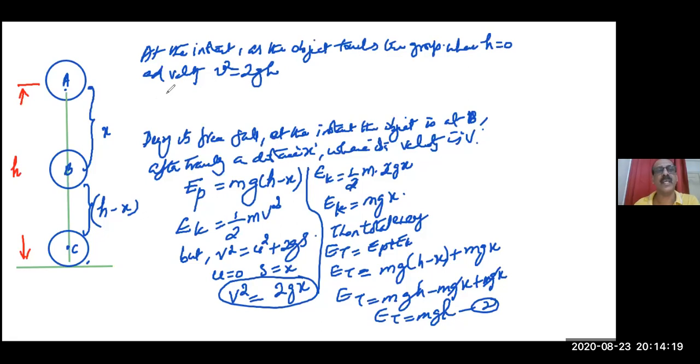Then its potential energy is equal to mg into 0, that is 0.